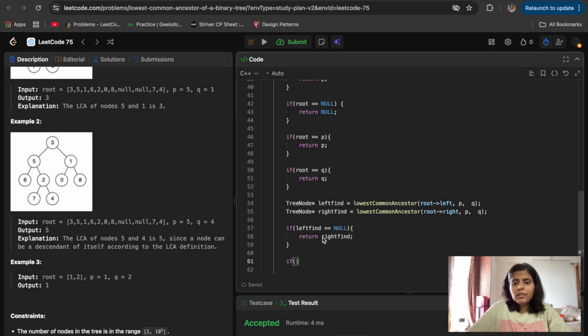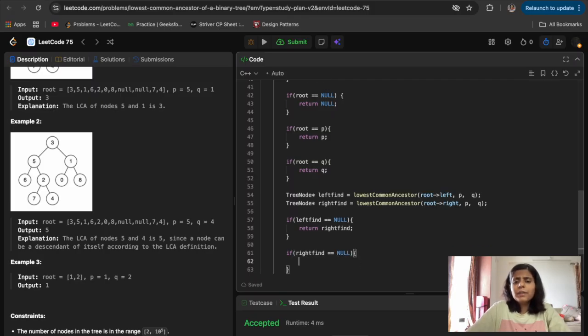And what if my right find equals null, then I can say it must be at left. As the right is null, it means I don't have any answer. Then whatever the left find's answer is, return that.